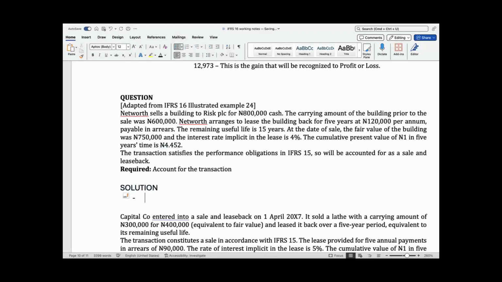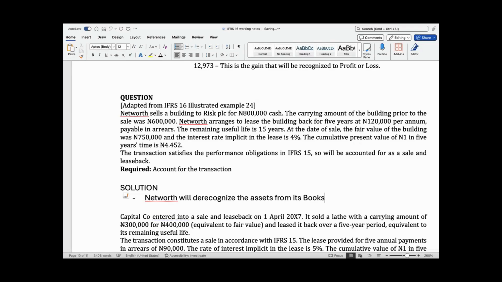So since they have sold it, net worth will derecognize the assets from its books.